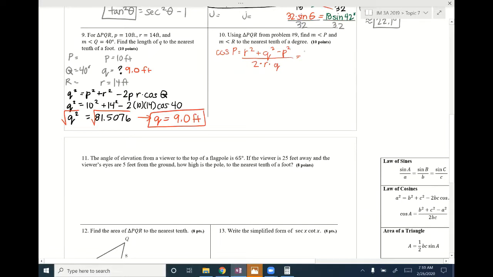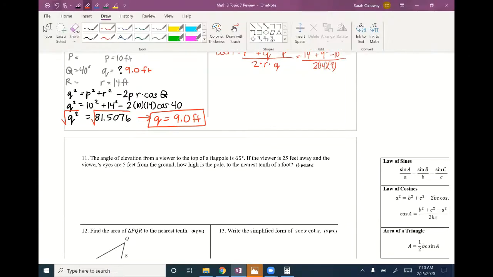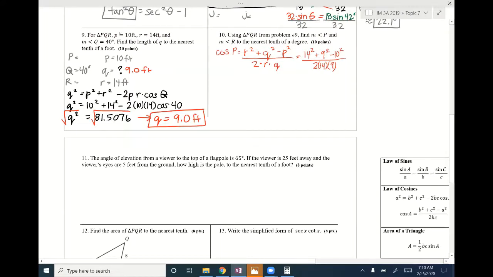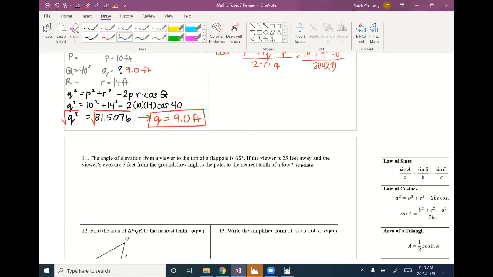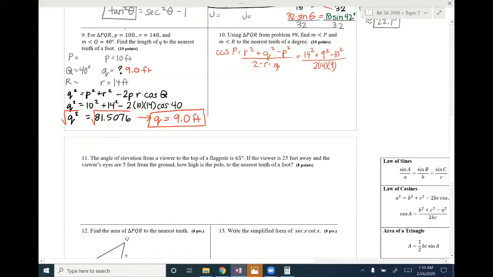So we're going to plug 10, 9, and 14 in for each of these values. So we've got 14 squared plus 9 squared minus 10 squared over 2 times 14 times 9. So remember that for this, in order to get P by itself, we have to take the inverse cosine of this ratio. So P equals inverse cosine of this fraction.